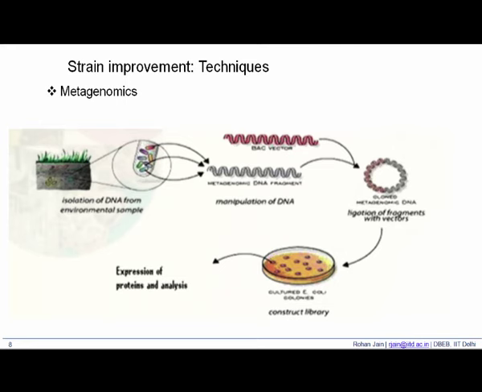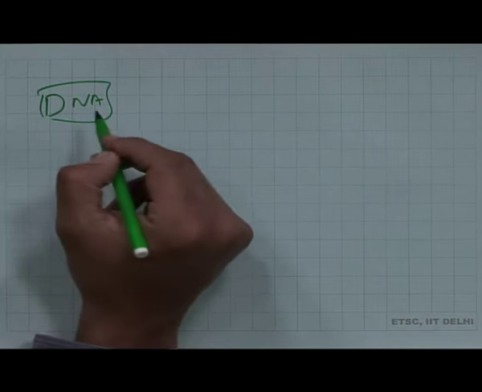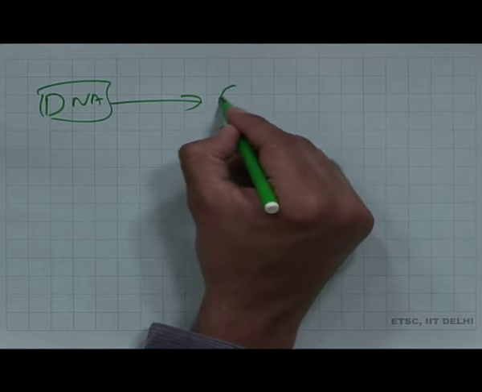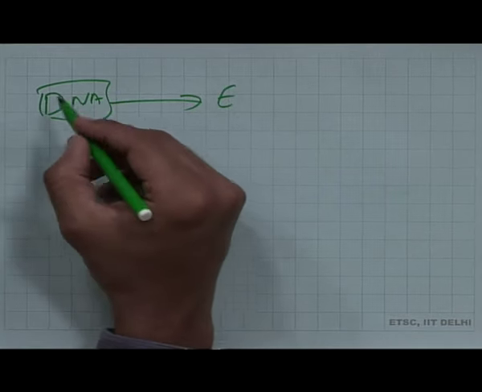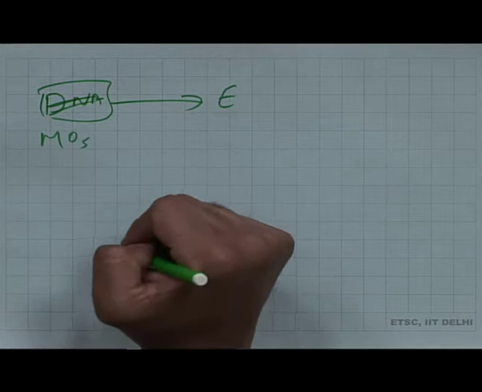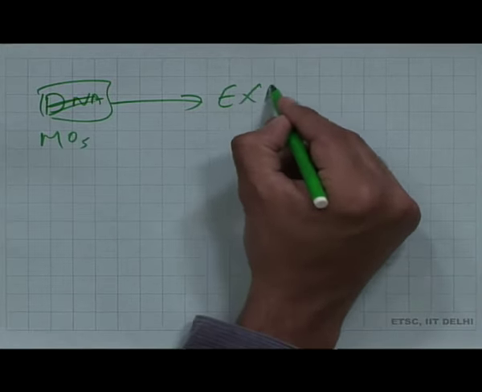So, maybe just to make it a little bit clearer, you take the DNA from the samples. You do extraction. So, you do not get the DNA directly, you get the microorganisms from the environmental samples, and you extract the DNA.